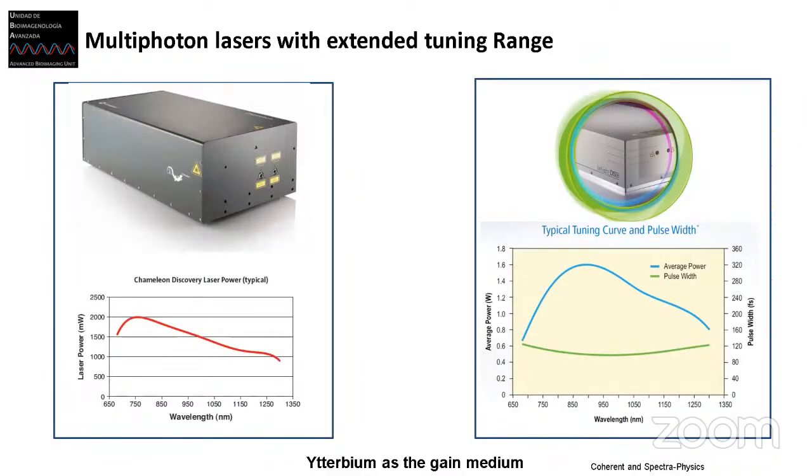Sorry, before going to that, there are also new lasers that have a broader band. These are extended to 1,300 nanometers, like the Insight or the Coherent lasers. And they are very powerful because you can go even farther and you can use red fluorescent molecules, which need more than 1,000 nanometers to be excited.